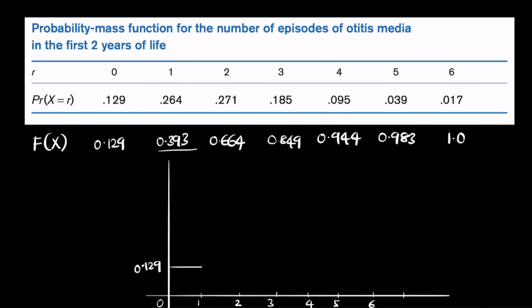Next, from there you want to draw the second value. The second value is 0.393. Let's say it's somewhere here, so it goes this way up. Next, let's say this value is 0.664. Next value, let's say 0.849. Then 0.944, and 0.983 and 1.0 here somewhere.